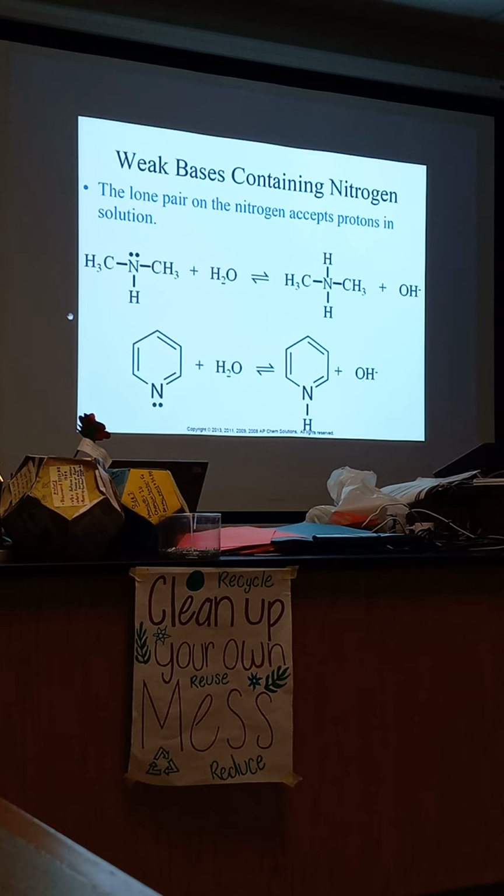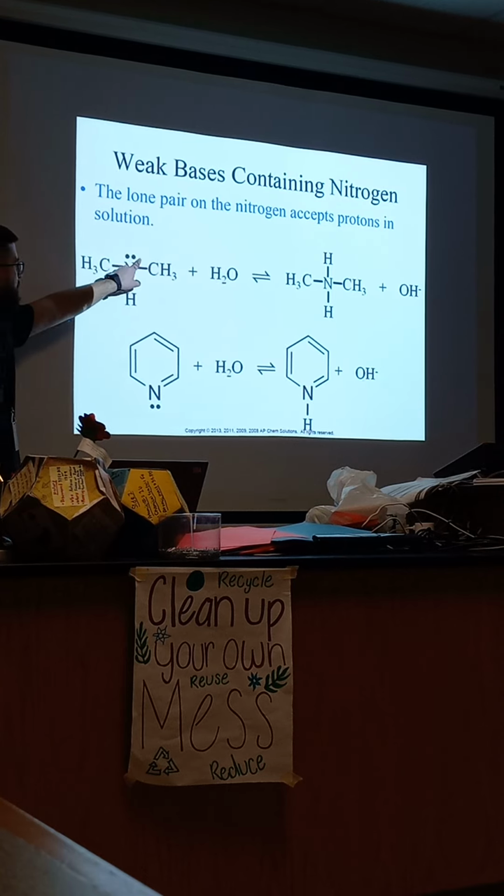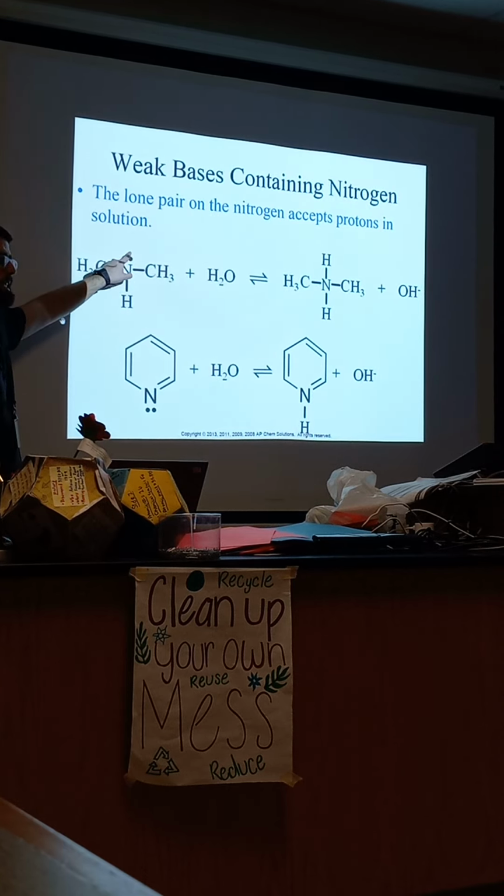So yes, we've talked a lot about the OH, but what deserves an honorable mention are all the weak bases containing nitrogen. I'm sorry, I had acids on the tongue. Weak bases containing nitrogen. The lone pair on the nitrogen accepts protons in solution. So guys, those H pluses are kind of lonely, and what are those H pluses from acids attracted to? This lone pair.